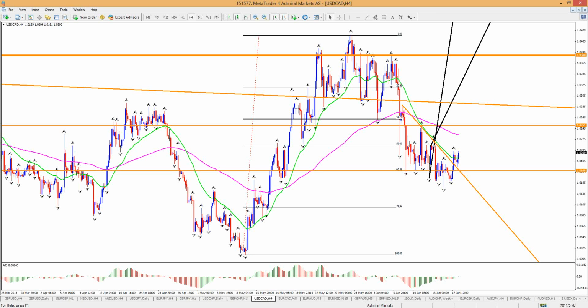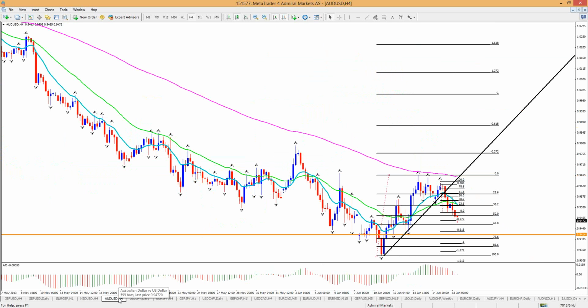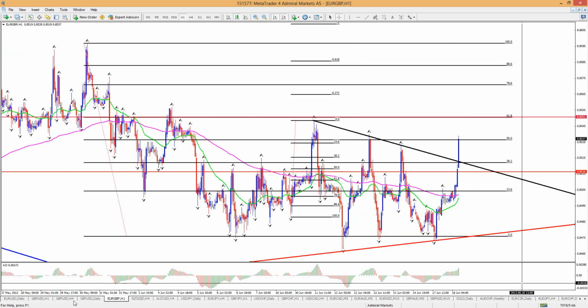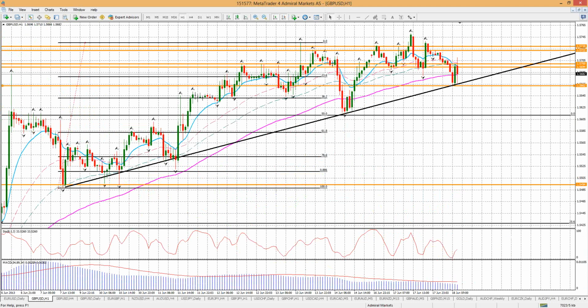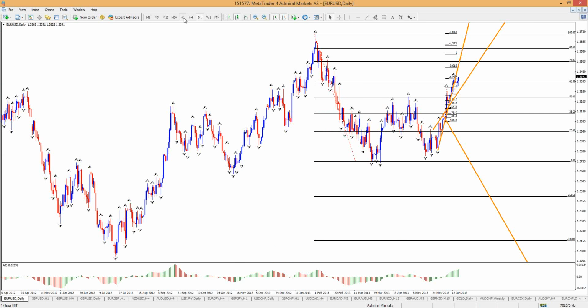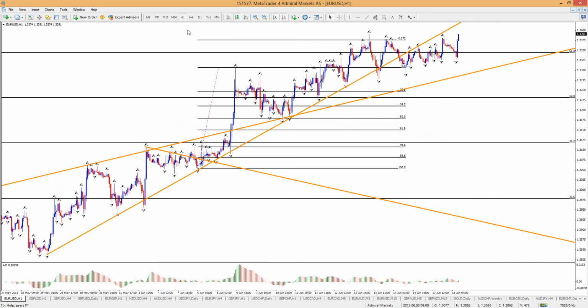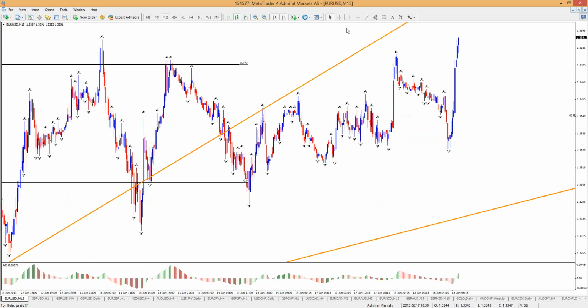Let me take a quick look, see if I see anything interesting for you. Aussie, not really. Euro pound, wow, breaking to the upside. So euro dollar really breaking above this top now, wow.